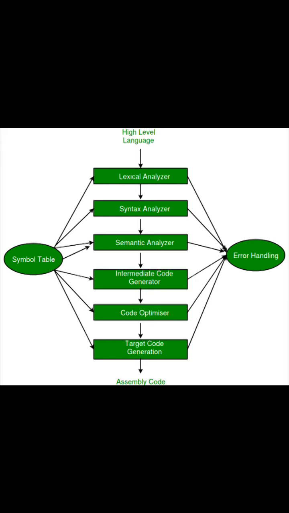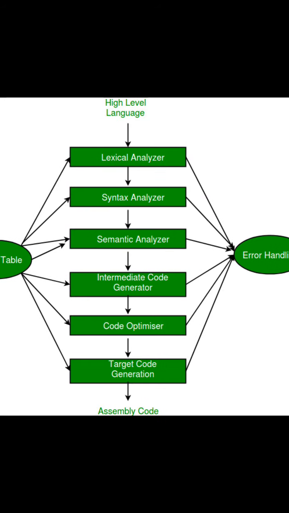We will discuss these things in an upcoming lecture. So till now we have seen that the intermediate code generator gives 3 address code. What is this 3 address code? There are only 3 addresses or fewer than 3 addresses available in that instruction. That instruction is called a 3 address instruction.